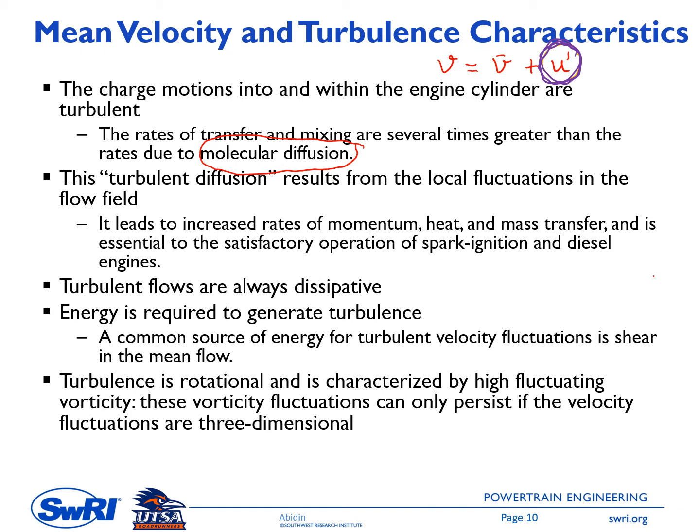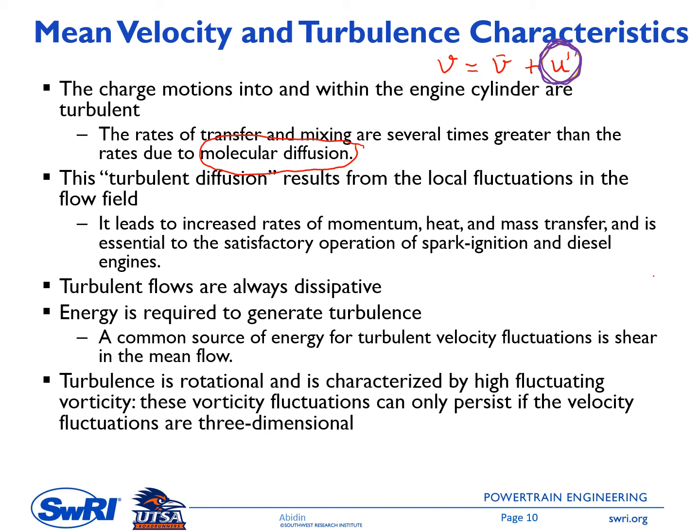This turbulent diffusion leads to an increased rate of momentum, heat, and mass transfer, and is essential to the satisfactory operation of spark ignition and diesel engines. In a diesel engine, the turbulence will enhance the mixing process and combustion. If we have a good mixing process, it will ultimately also enhance the combustion process.